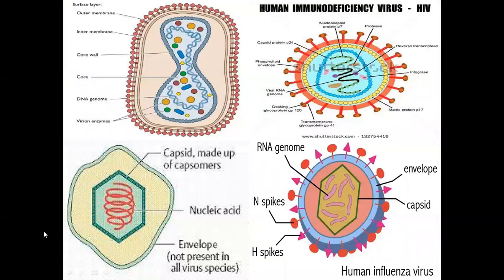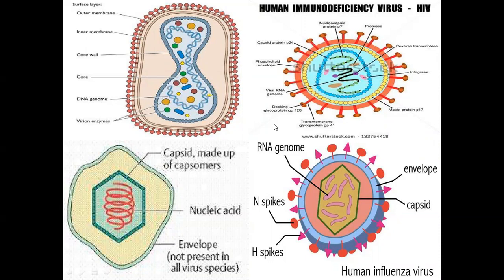See, this picture represents the presence of an envelope, capsid, and circular network-like genetic matter. This is about the enveloped virus. This is the influenza virus. This is the HIV virus, with spikes we are watching on the envelope of the virus.